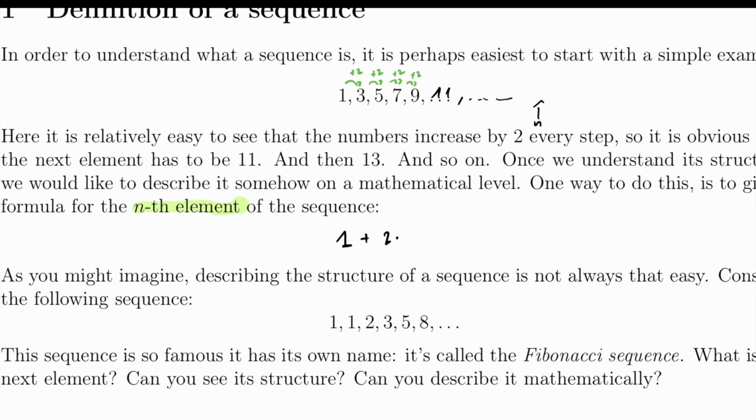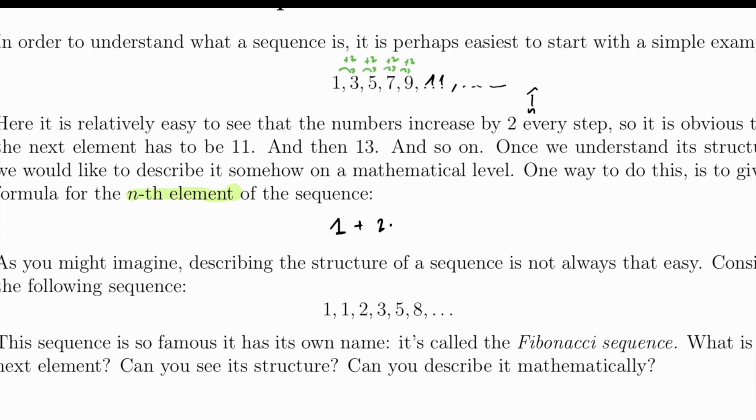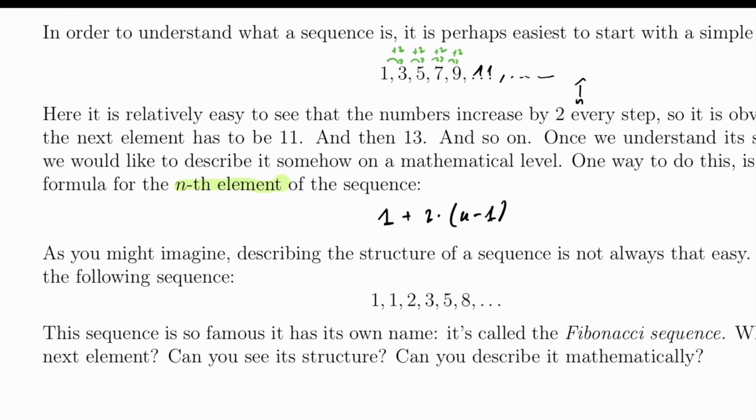If you have the first, second, third, fourth element, from the first to the fourth element you add 2 thrice, and so forth. For the seventh element you add 2 6 times. So you always add it 1 fewer times than the element position you want to be at. So here for the nth element we just added n minus 1 times.